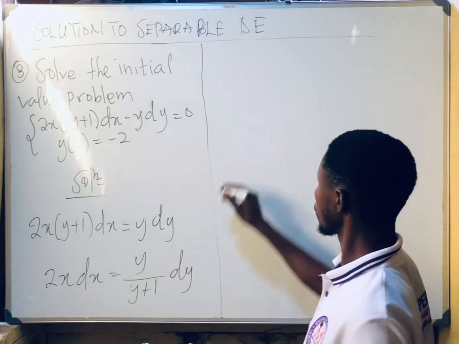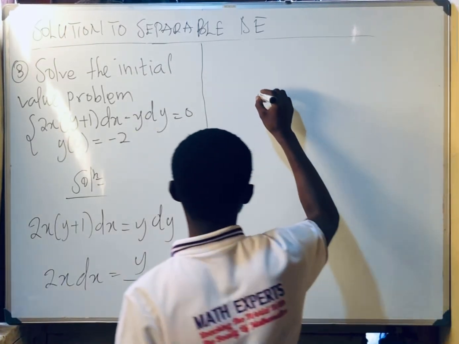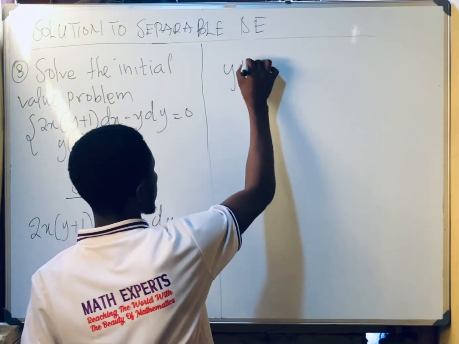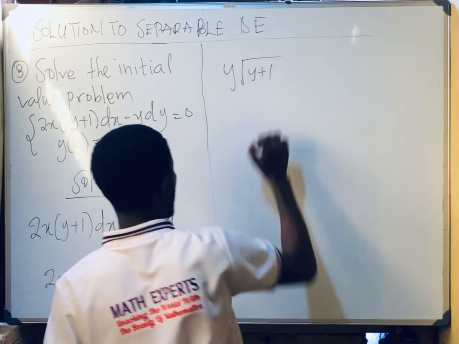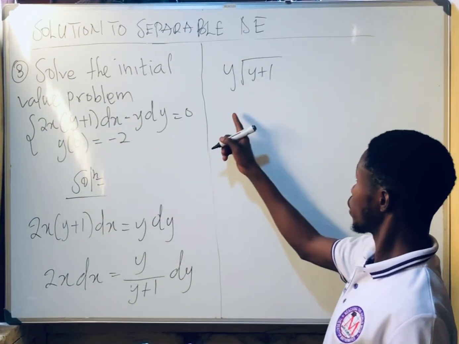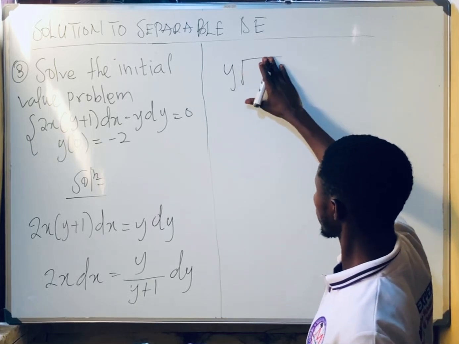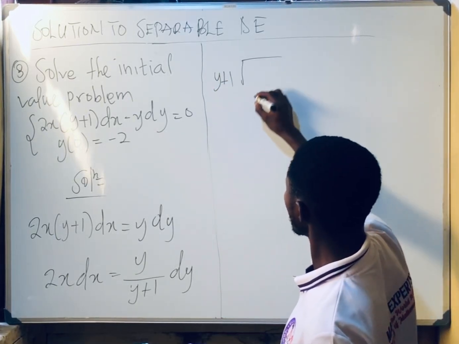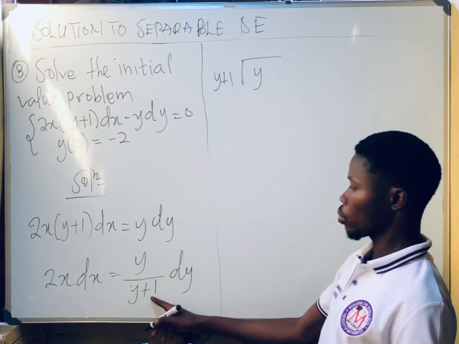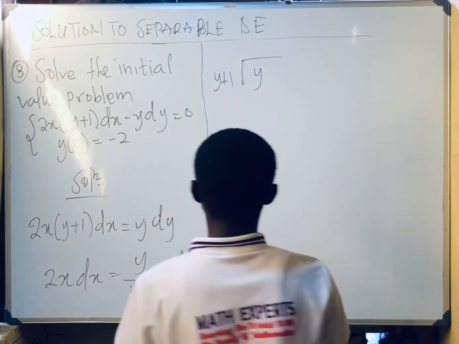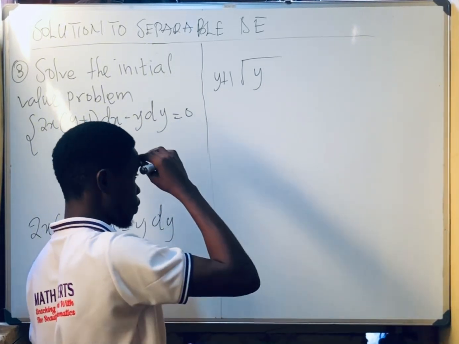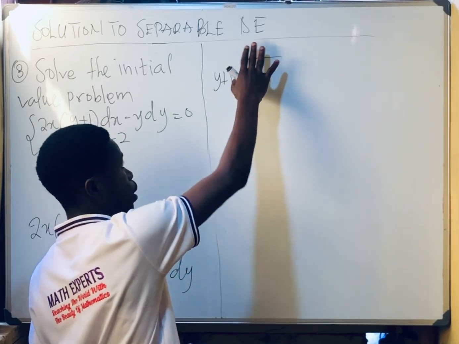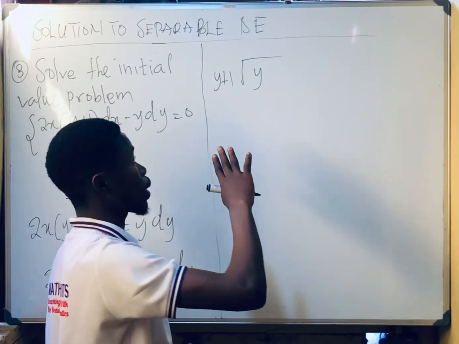So first thing, we know that y plus 1 is outside, then y, because this one is dividing this. So this one becomes the divisor, and this one becomes the dividend. Then whatever we get there becomes our quotient, right?